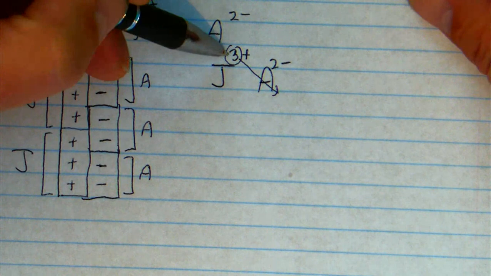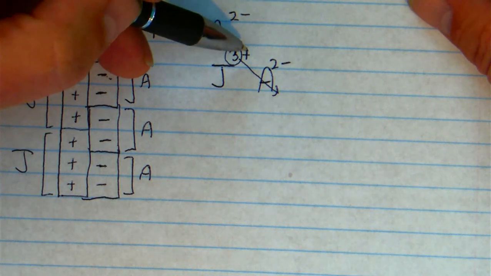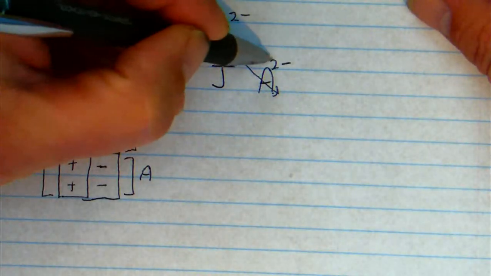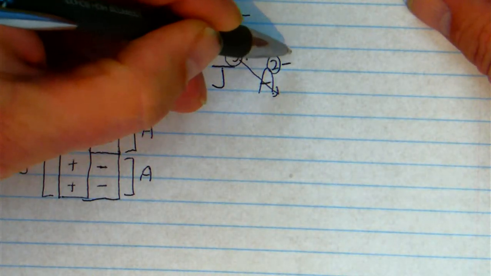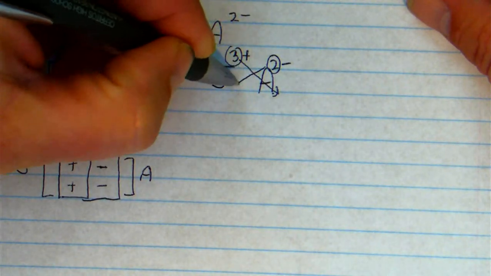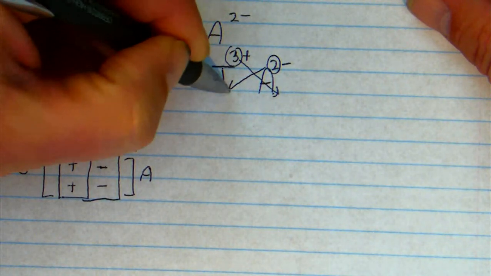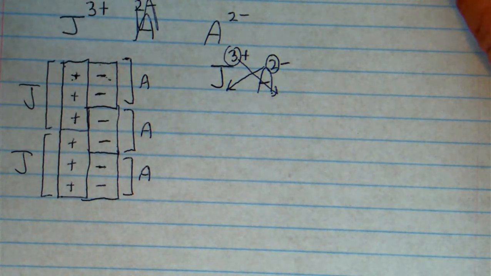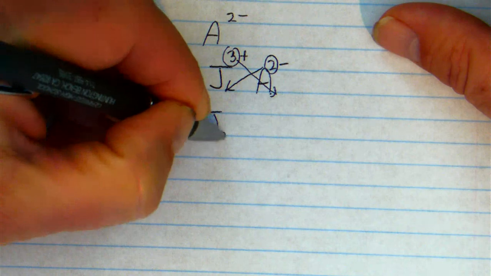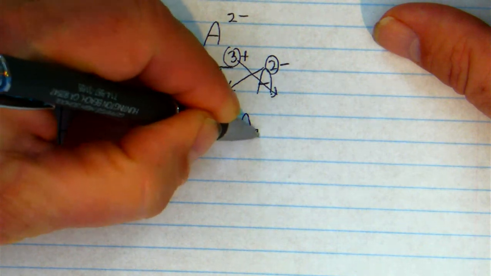So if I take this 3 from the 3+, and I make it a subscript for the Amber, if I take the 2, not the minus, just the 2 from the 2-, and I crisscross here and make that the subscript for the Giselle, that makes this Giselle 2 Amber 3.